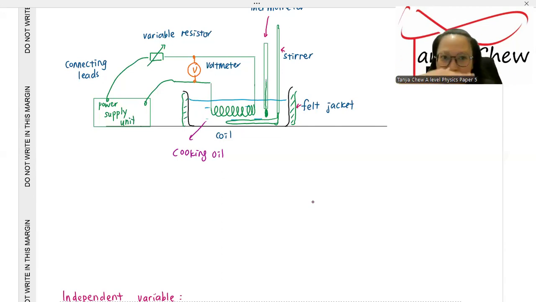How am I supposed to close the upper surface of the beaker? So I will leave it that way, but I just want to minimize the heat loss. So that is why I use a felt jacket. A felt jacket is an insulator surrounding the beaker to minimize a little bit of the heat loss to the surrounding.